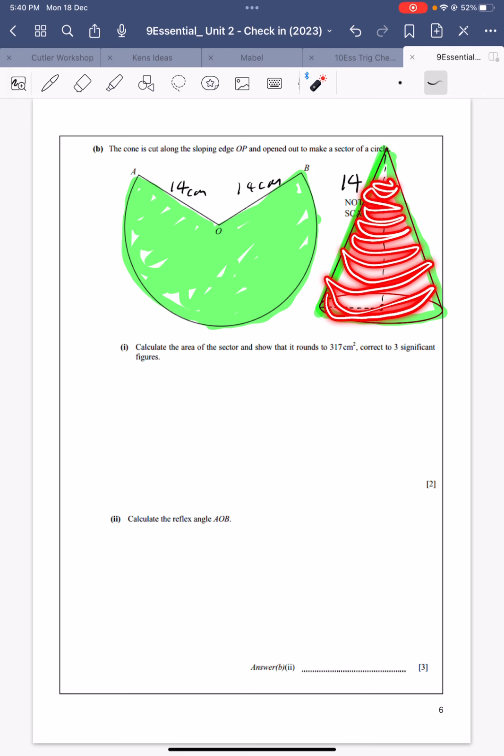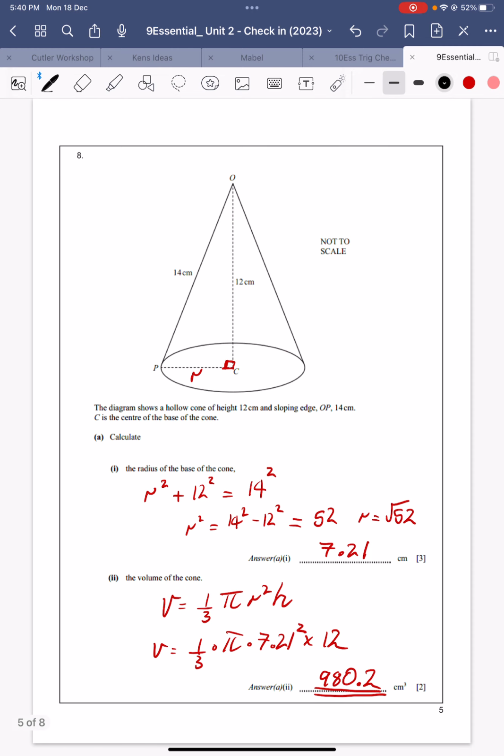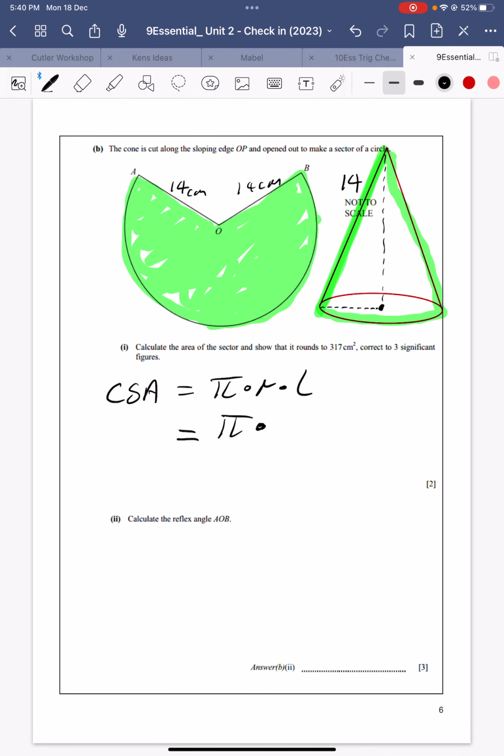So when we go to our information sheet, we've got the formula for the curved surface area equals pi times r times L. So indeed that would be pi times the radius, which we found previously, of 7.21, and times the 14, which is the L, which is the sloping height.